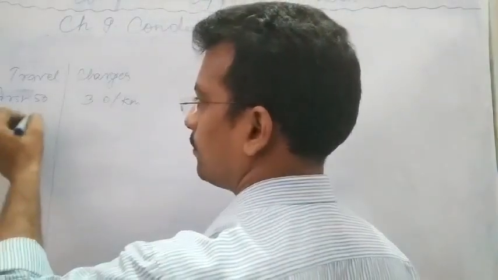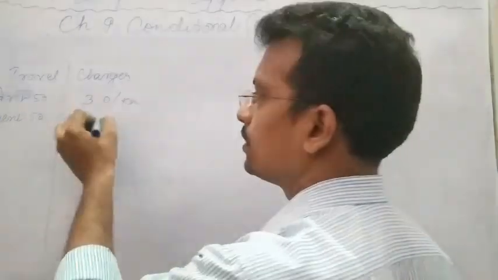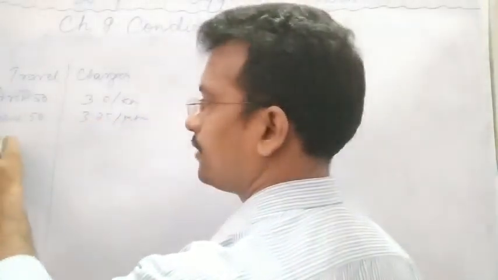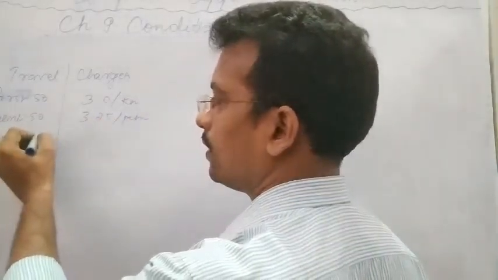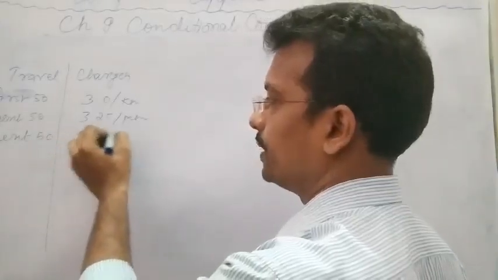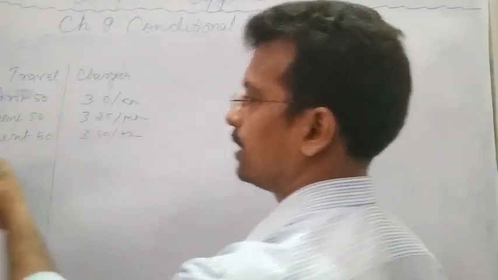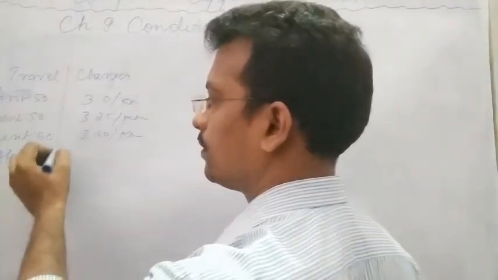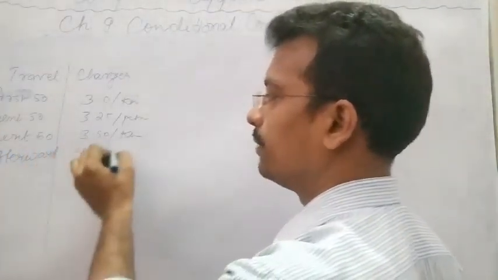After that, the next 50 at 3 rupees 25 paise per kilometer. The next 50 at 3.5 rupees per kilometer, and afterwards 4 rupees per kilometer.